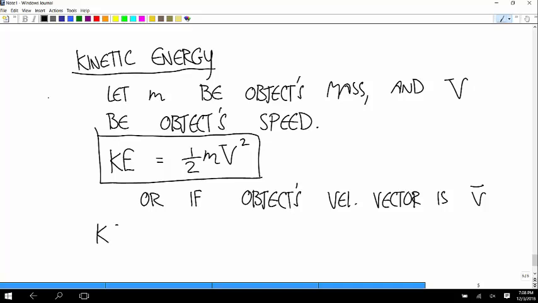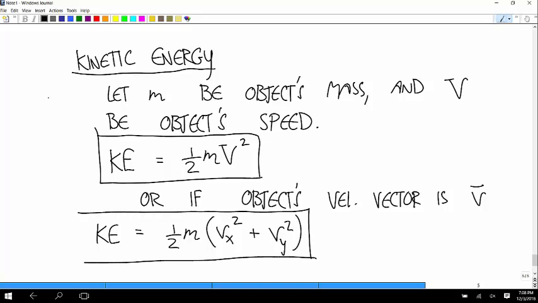Then you can calculate the kinetic energy as 1/2 times the mass times the x component squared of the velocity plus the y component squared. So depending on what you have, those are the two ways you can calculate it.